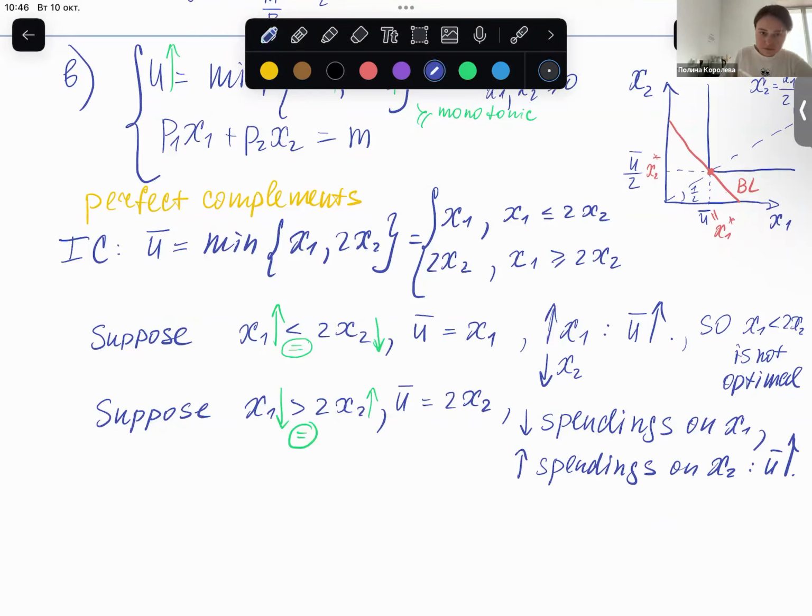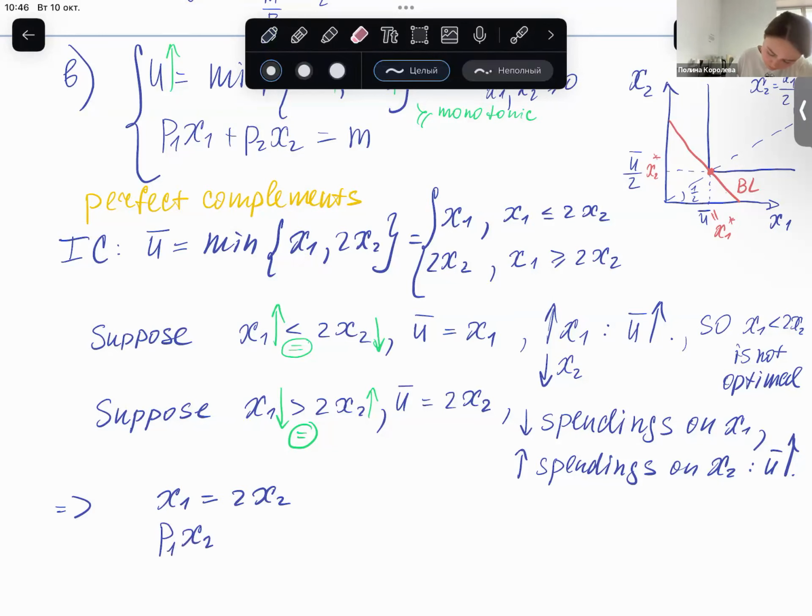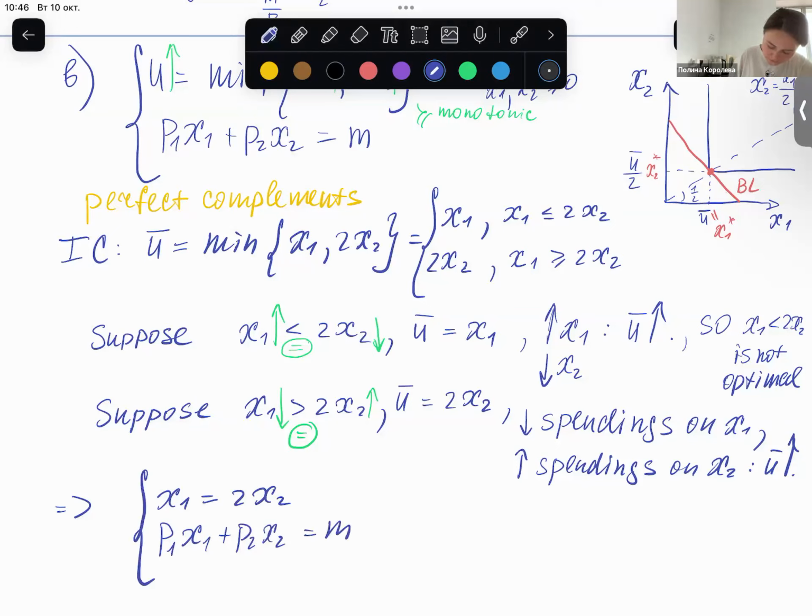Now we proved that it is optimal for us to consume such goods in the proportion 1 to 2. That's why it is optimal that x1 equals 2x2. And this is the solution. Yes? And also this point should lie on the budget line, P1 x1 plus P2 x2 equals M. And from here we will find the demands.